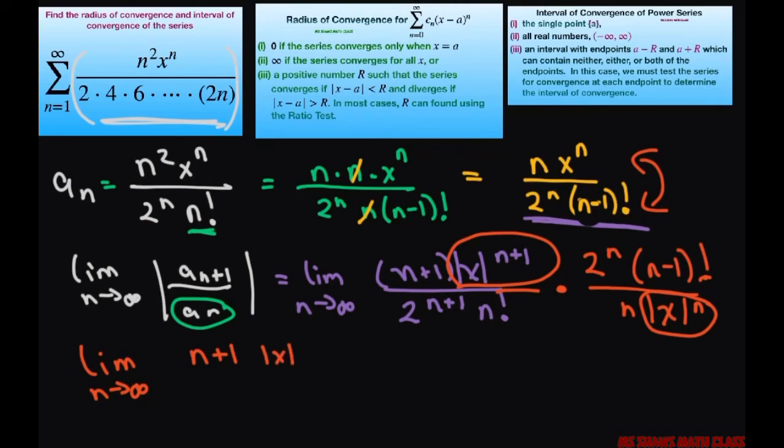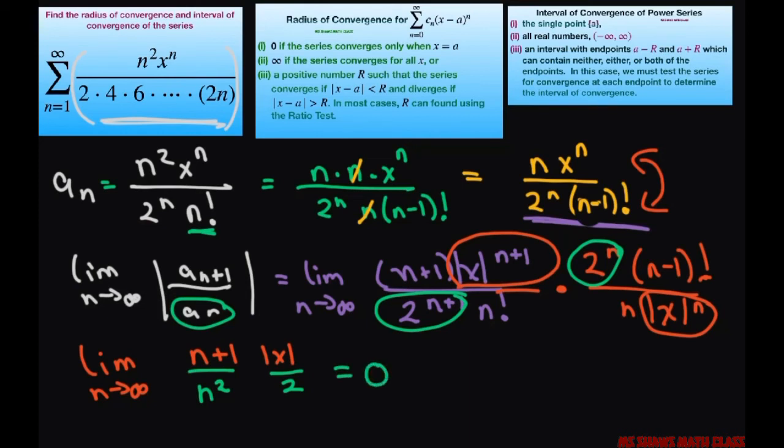If you look at these two pieces, that's just going to be 2, but in the denominator. And what's left? Then we're going to have basically in the denominator n squared. Once you have that, we can take the limit, and you can see this is going to equal 0.